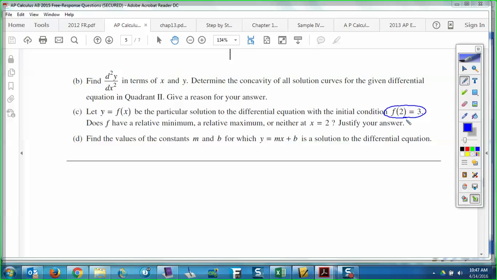Find the values of the constants m and b for which y equals mx plus b is a solution to that differential equation. I would assume that we would still use this point, but I'm not sure that's true.